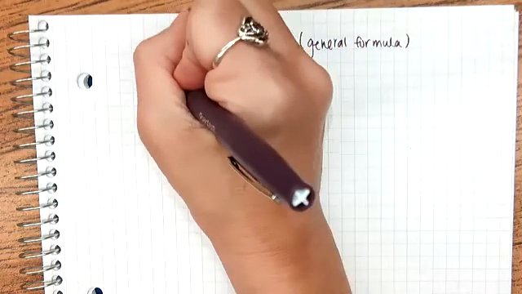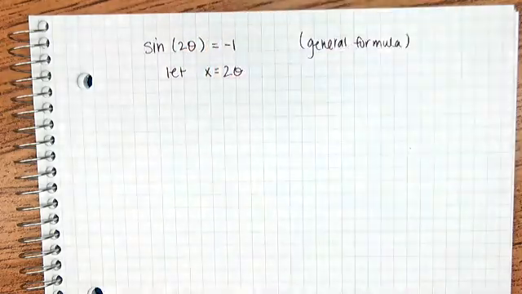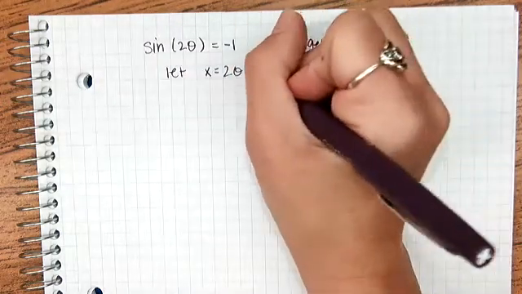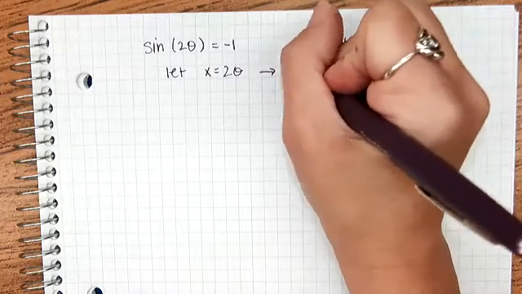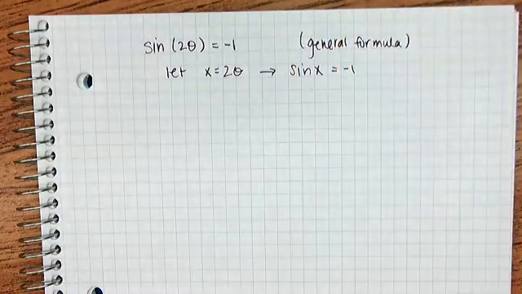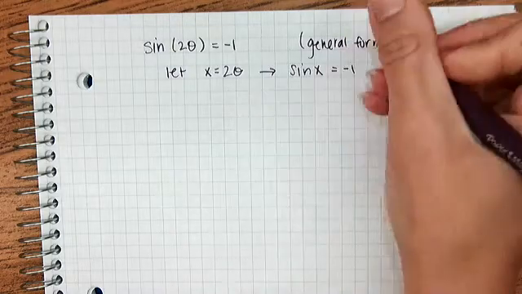You do not have to do the let x equals 2 theta. I think some of you can probably do that off the top of your head, whatever. I'm going to show it the other way. So if x is 2 theta, then I want to solve for the sine of x equals -1. Okay, and the sine is -1 at 3 pi over 2.